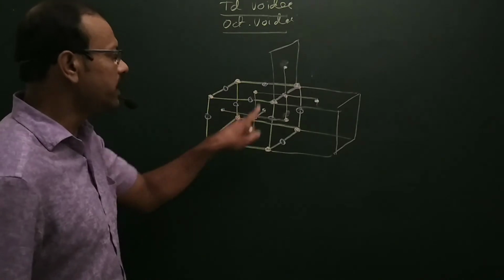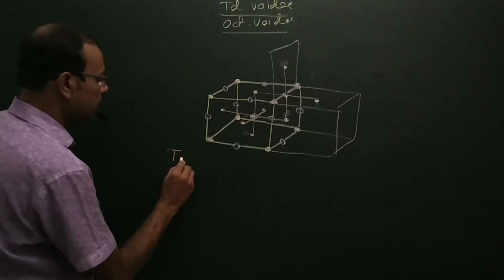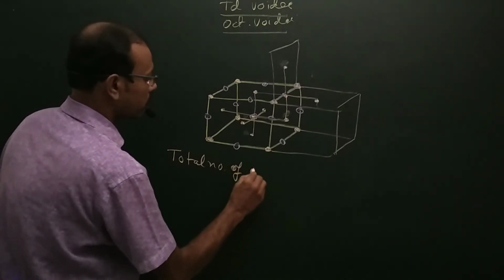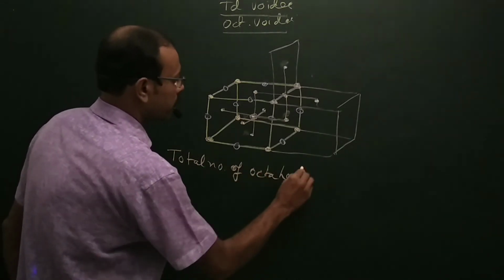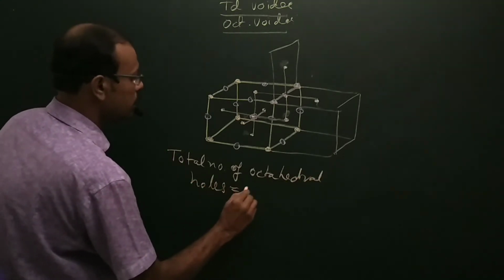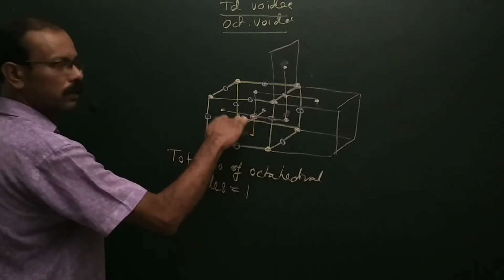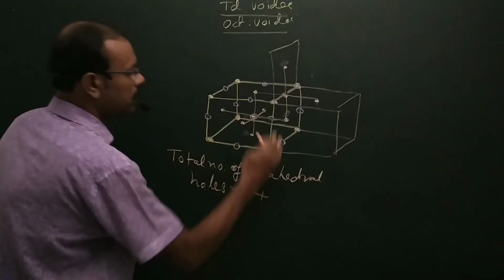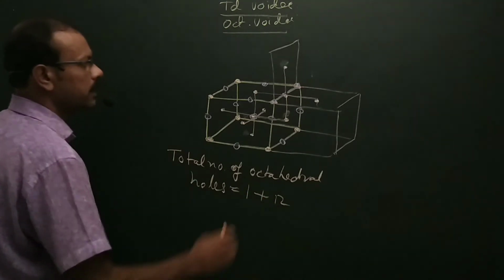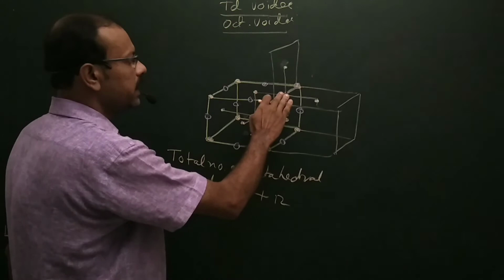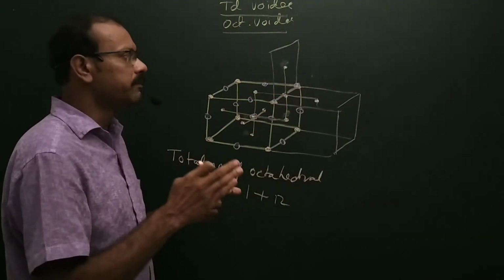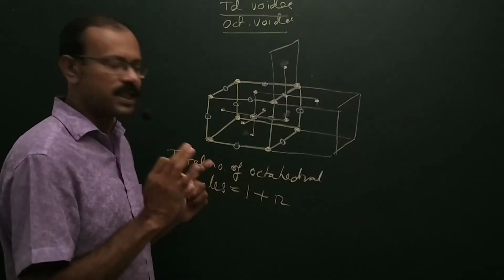Therefore, since there are 12 edges, the total number of octahedral holes or voids equals 1 inside the body, plus there are 12 edges. Each edge contains a void, and this void is shared by 4 unit cells.